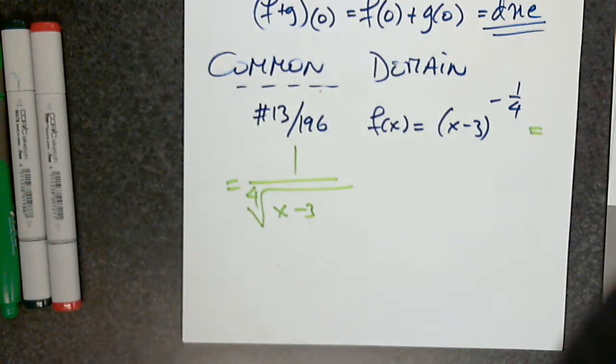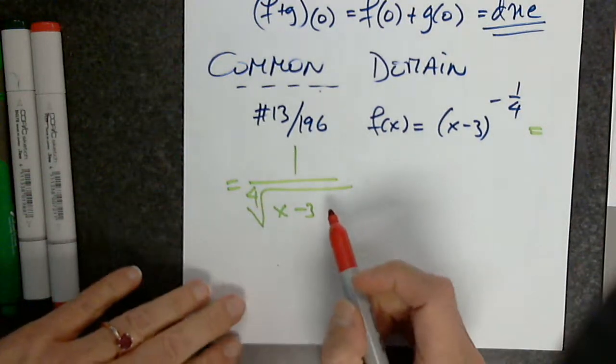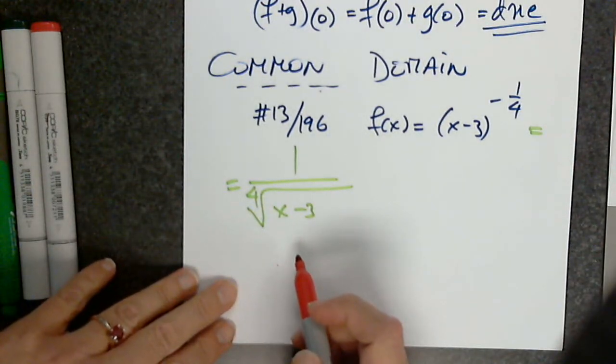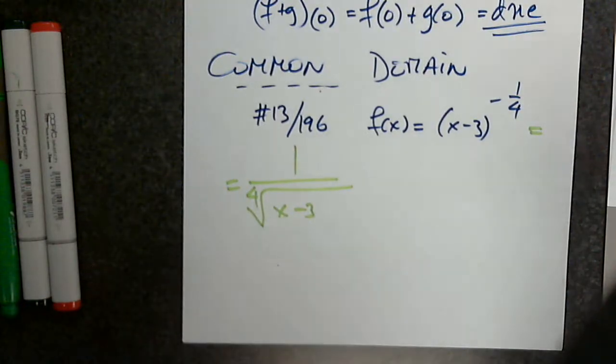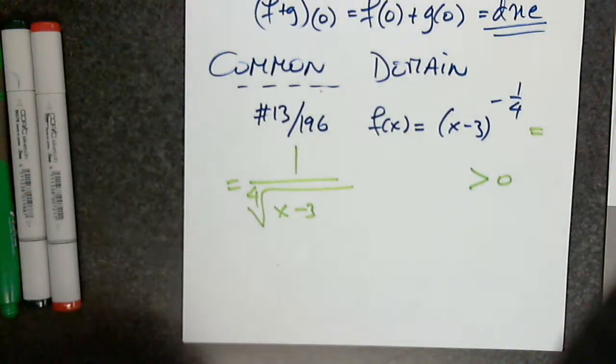And what restriction would you write on x? Careful. So there are two things here. We have to notice that. First of all, there is a denominator. And secondly, there is a fourth root in the denominator. So double trouble. But not equal to, because it's in the denominator. Exactly. So tell me what to write that is greater than 0.